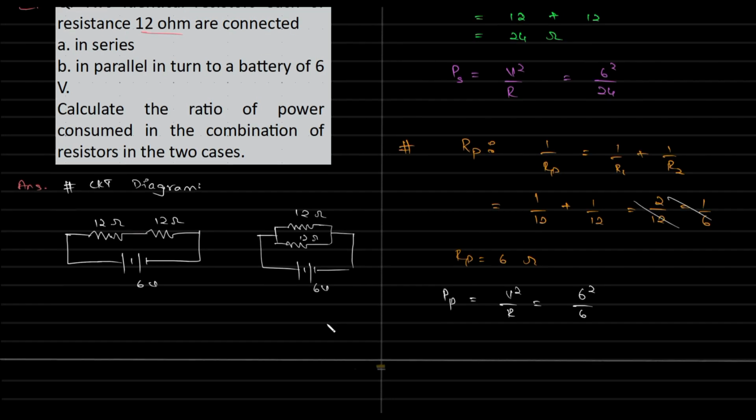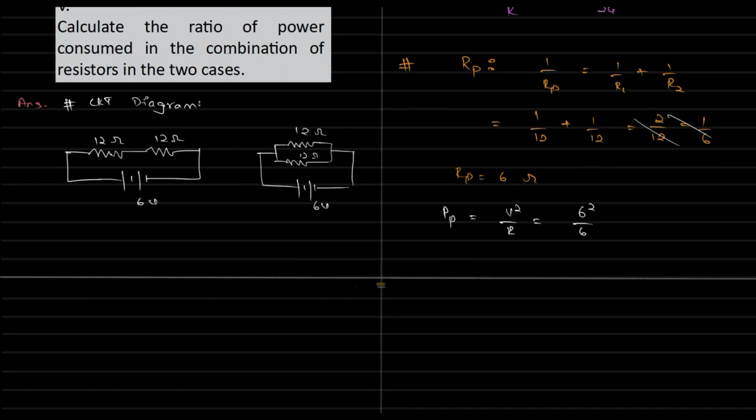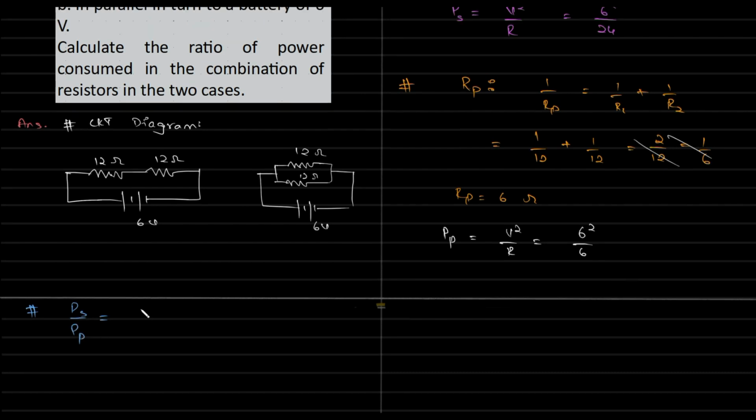So they want the ratio. So the ratio will be simple. Power consumed by series connection and parallel connection: series is 6 squared by 24, parallel connection is 6 squared by 6.